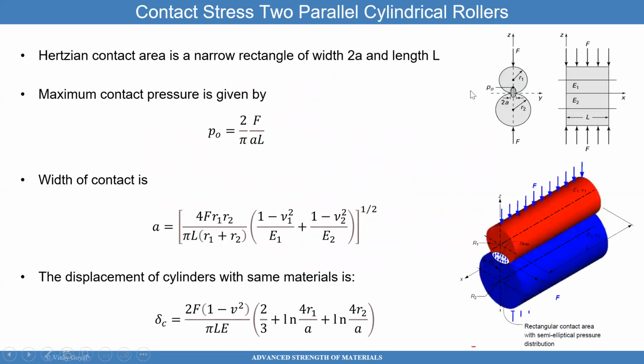I'll then continue and study the situation where you have two parallel cylinder rollers, but now what I'm showing you is the deflection associated with that. The same formulas I showed you before, I'm just giving you the deflections now, which I did not provide to you. There's some interesting functions here, logarithmics showing up, as you can see.